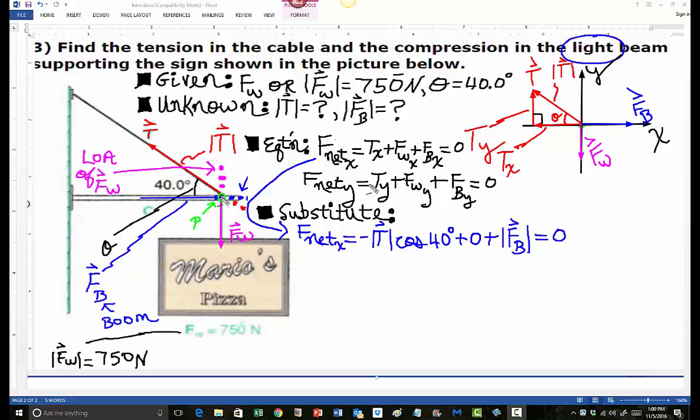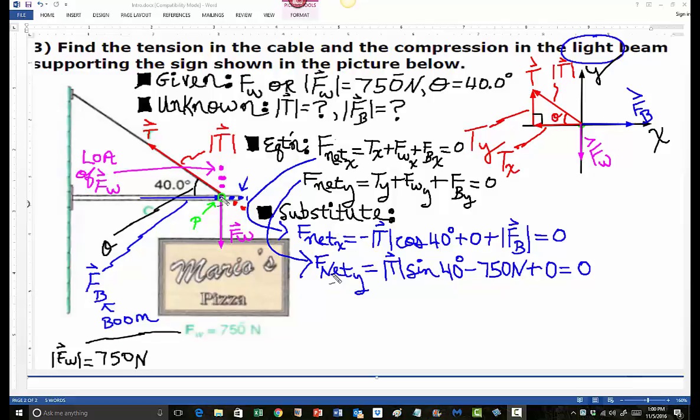Therefore, we write the equation for the total force along the y-axis. Substituting into F net of y, the y component of the tension vector is positive, and so it is the magnitude of the tension vector times the sine of theta, which is 40 degrees, then plus F w sub y.